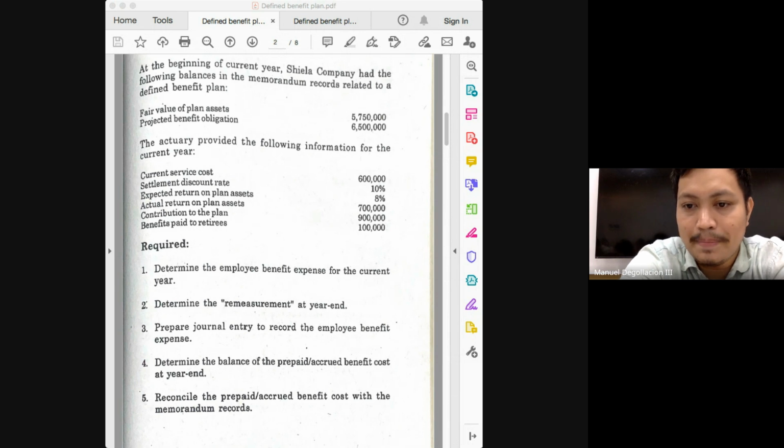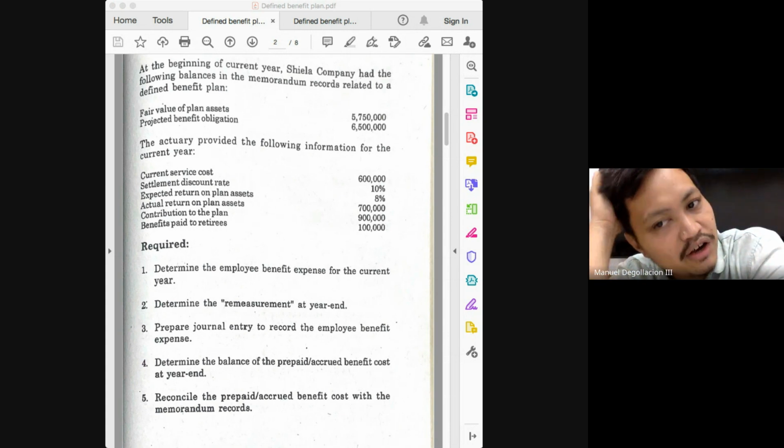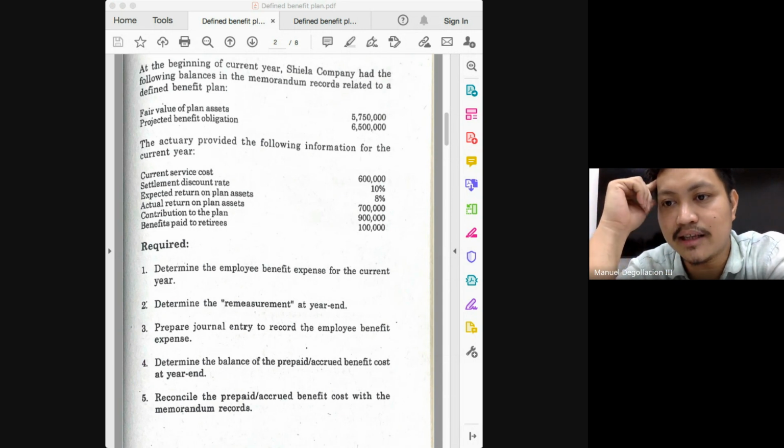Okay, so next, you will deduct what? What will cause a decrease to the plan assets, class? All types of payments. Why will payments decrease the plan assets? Because the payments are sourced from the fund. So anytime you make a payment, the balance of the fund would decrease. And do we have payments in this problem? Yes, benefits paid to the retirees in the amount of 100,000.